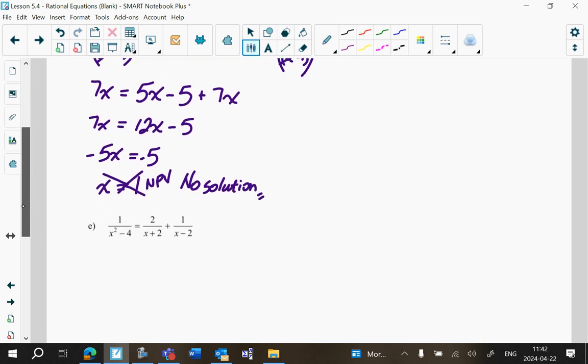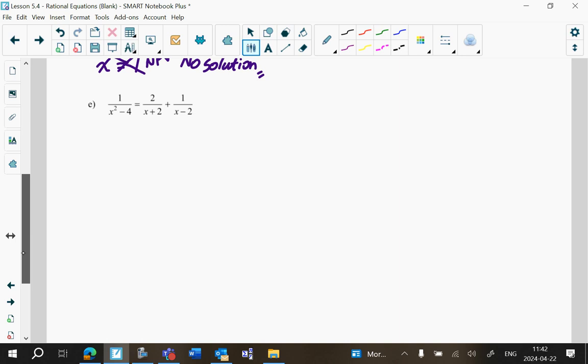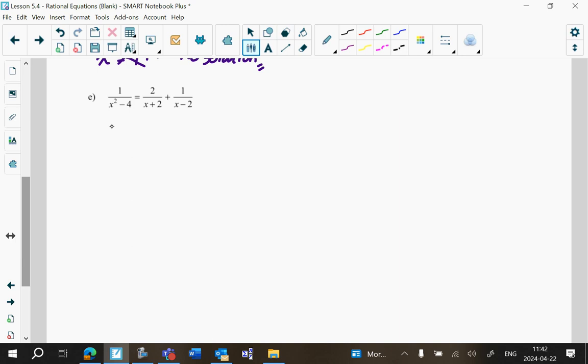All right, this one, we got to do some work to it. Remember, everything has to be factored. Before, everything was already factored. I didn't have to worry about it, or I couldn't factor them. But this one, there's one I can factor. Yeah, x squared minus 4 factors to what?